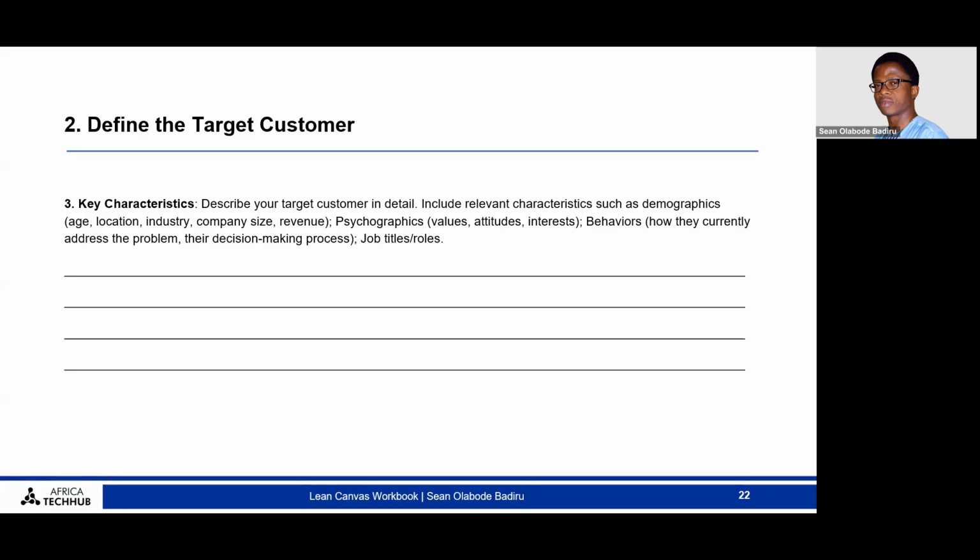People around the owners, general managers, office managers, etc. Tech savviness, let's say they are comfortable with using software, but they may not be early adopters of new technology. Let's just leave that as some of their key characteristics.